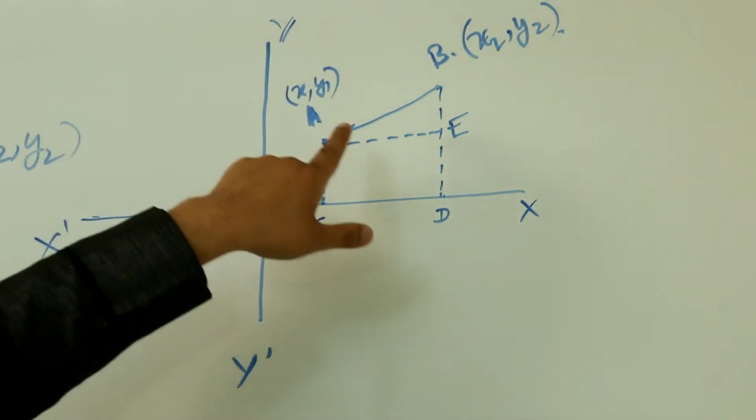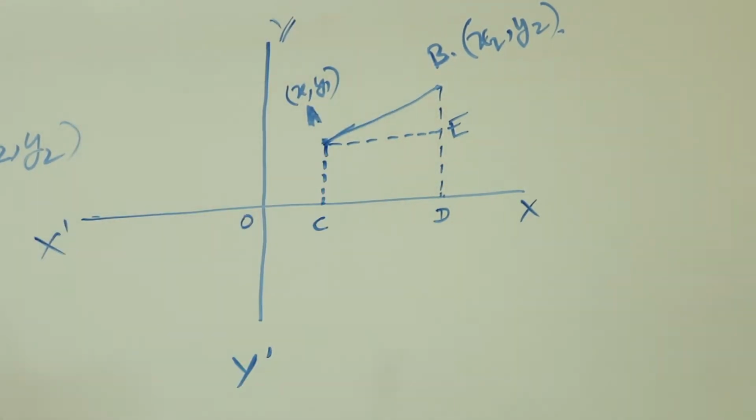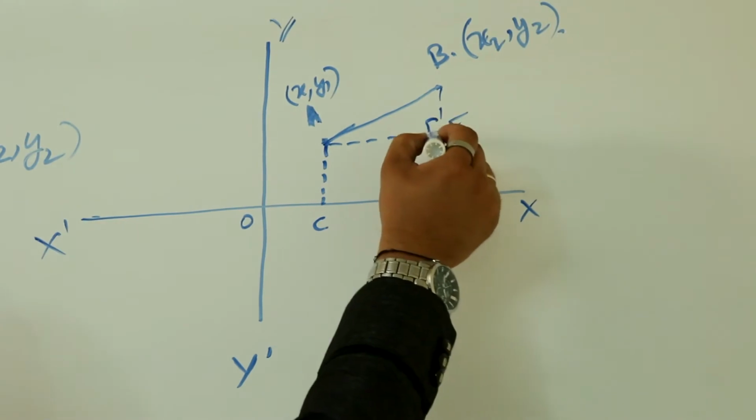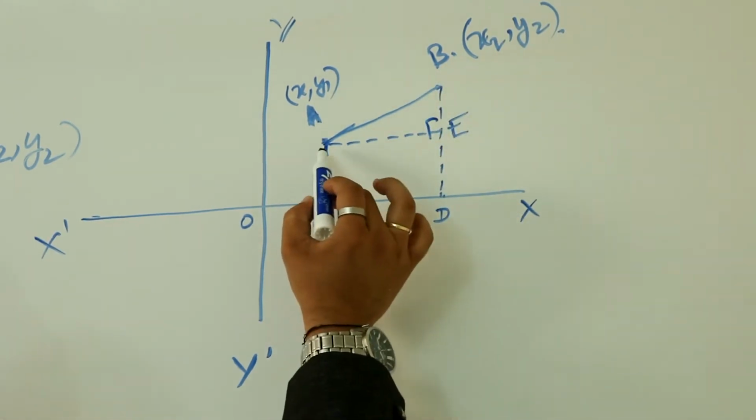According to the Pythagoras theorem, in order to find the distance AB, you should know the perpendicular BE and the base AE.